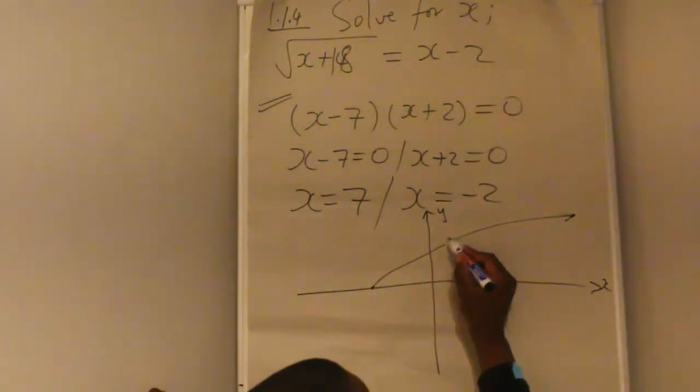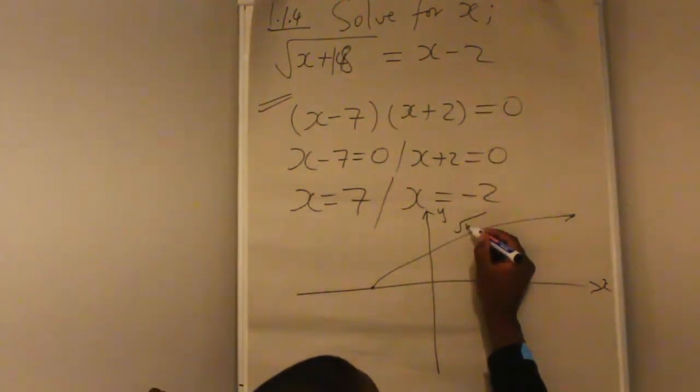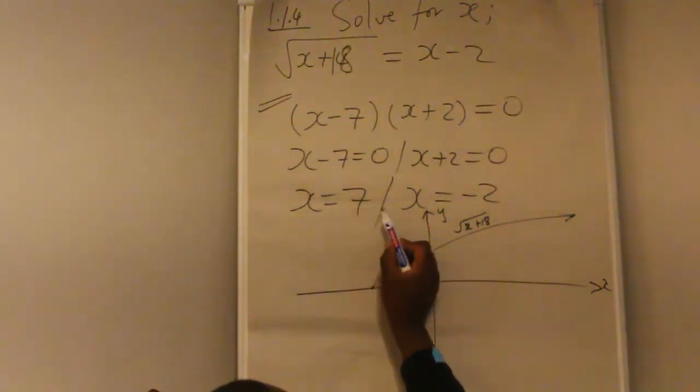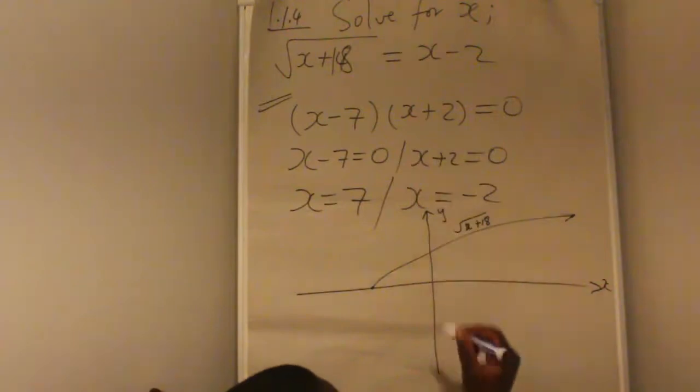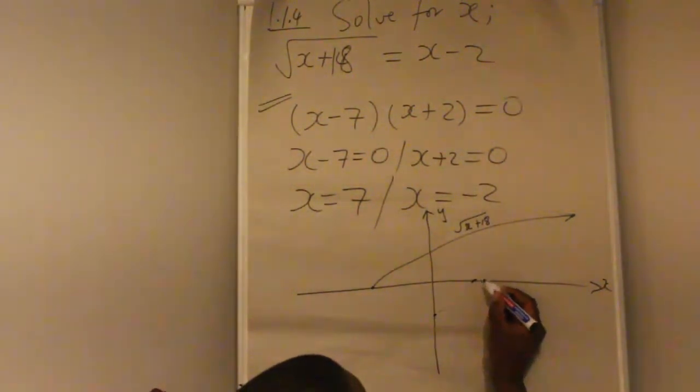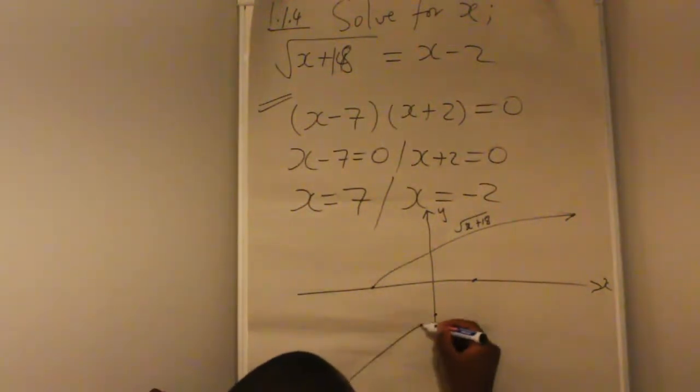And then you have x minus 2, a straight line that passes here and passes there.